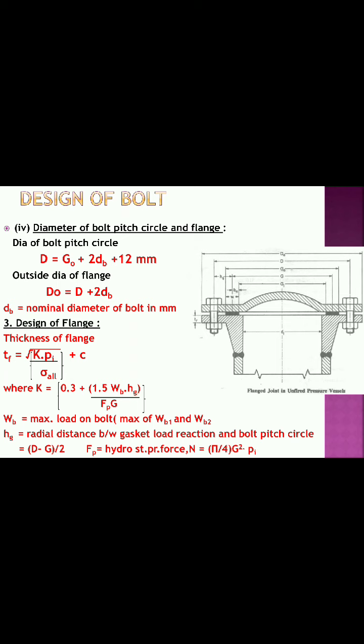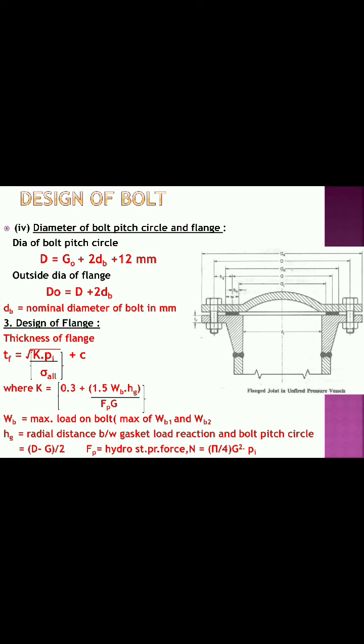So here you can also calculate the diameter of bolt pitch circle and flange by using different formulas. Diameter of bolt pitch circle, that is D is equal to GO plus 2 dB plus 12 mm. DO is equal to D plus 2 dB, where dB is the nominal diameter.